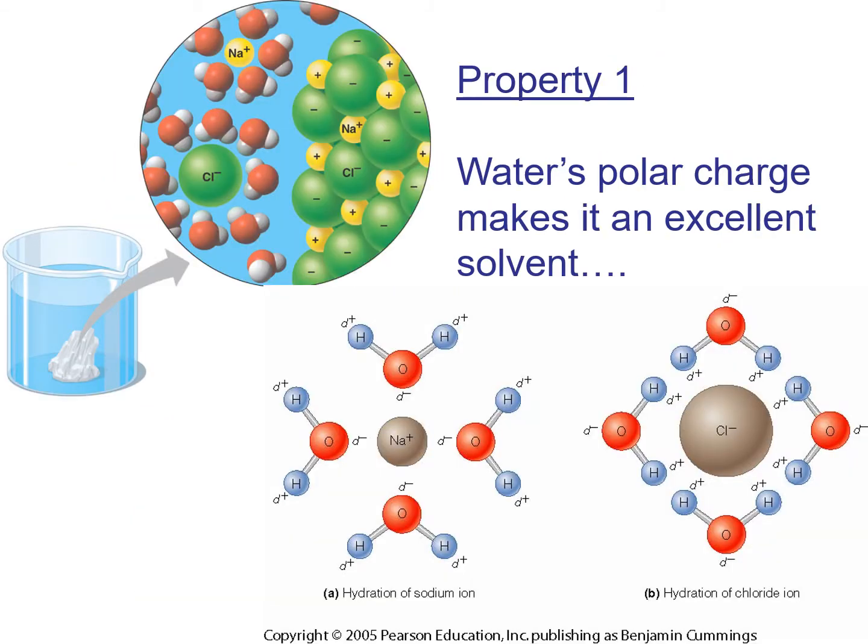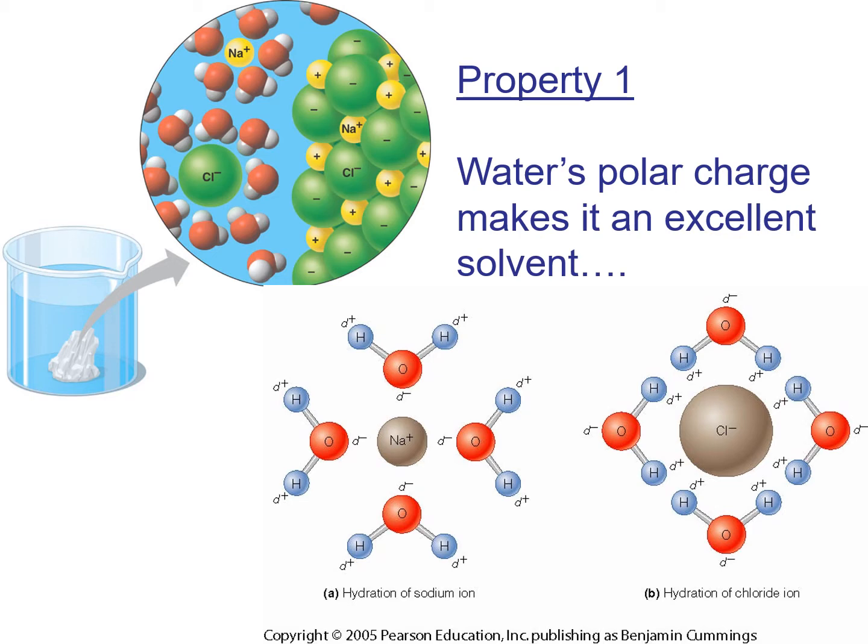Property number 1, water is an excellent solvent. And again, all of these properties are going to come down to that dipole. If you take a cation, a positively charged ion, and you throw it into water, all of the oxygens will wrap around it and associate with that sodium.